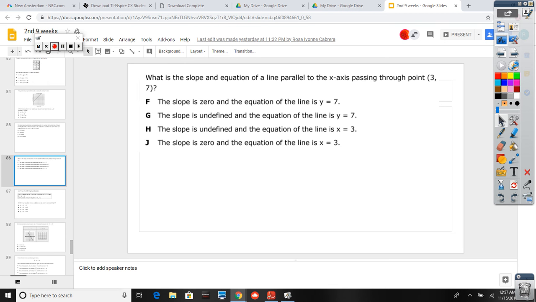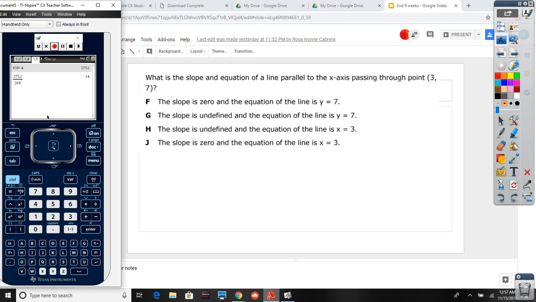Okay, what is the slope and equation of a line parallel to the x-axis passing through a point 3, 7? Alright, so first of all, let's go onto our calculator and we're going to add a graphs page, because graphs is where you can actually see, I'm going to go to number 2, what's going on, right?